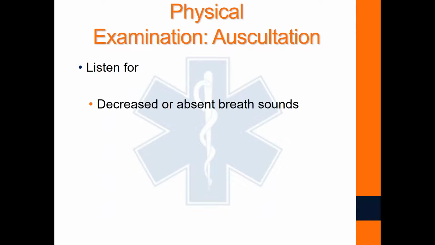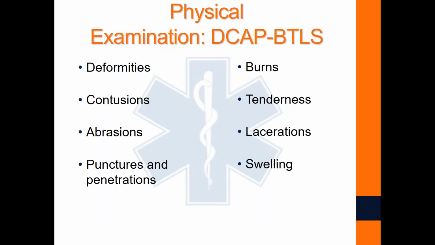So when we're doing this inspection, palpation, and auscultation, here is what we're looking for. I'm sure Kevin used this term yesterday, and it is DCAP-BTLS. These are all the different soft tissue and bone injuries in one long mouthful of words that we're going to be looking for when we're palpating our trauma patient.